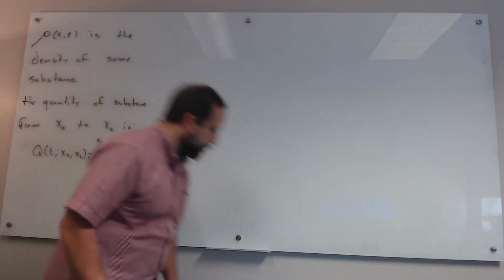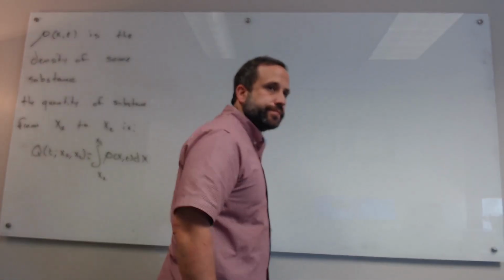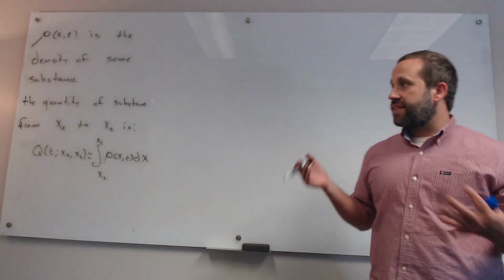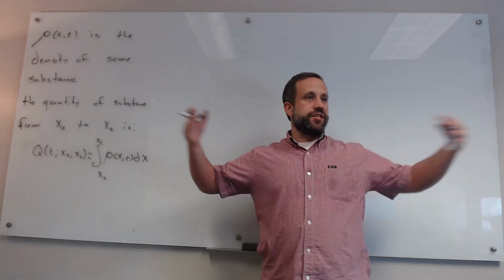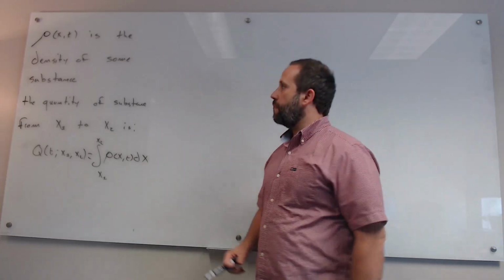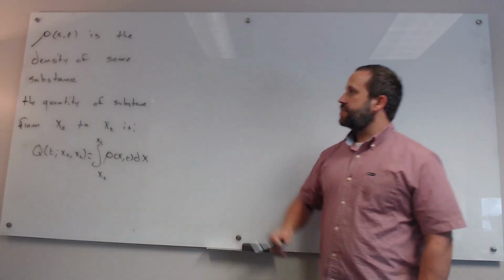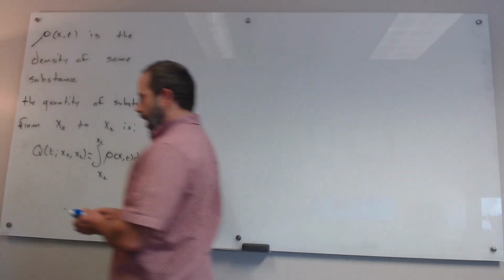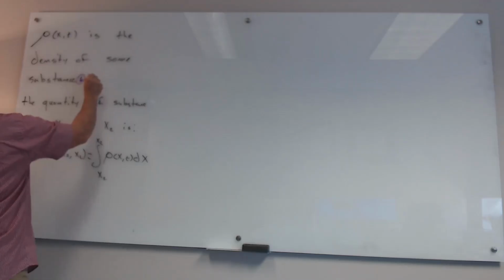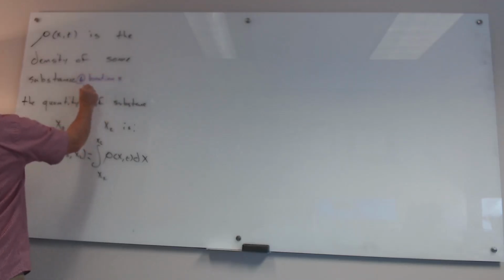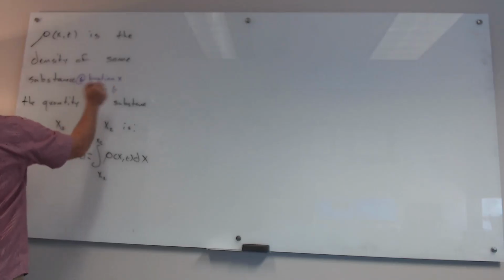Okay, so rho depends on both x and t. The fact that it depends on t means that it can change with time. So here x is like the space variable and t is the time variable. So rho of x,t is the density of some substance at location x and time t.